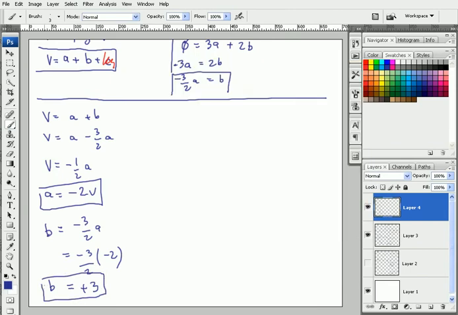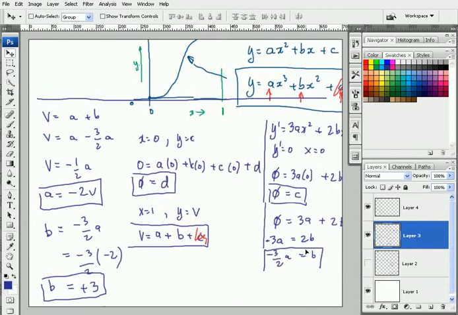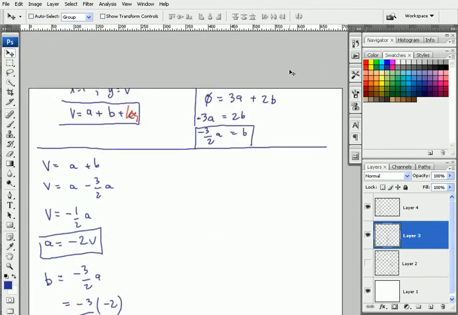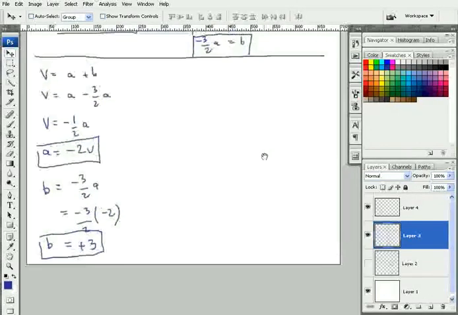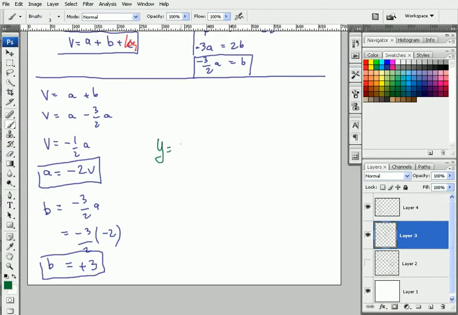Okay, so now going back into our general equation, where we had over here, y is equal to ax cubed plus 3x squared, that gives us our equation. For y is equal to a, which is minus 2v, x cubed, plus b, which is 3.